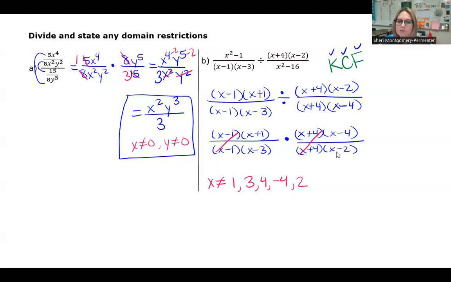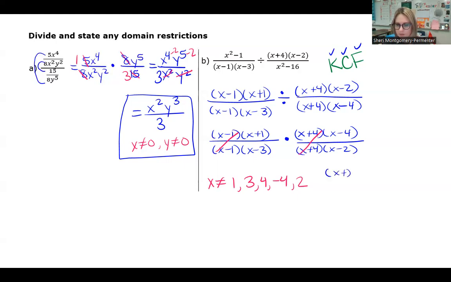Do you see any other factors that cancel? Yeah, I got that one. I don't see any other ones either. So I am done. So I just rewrite it.